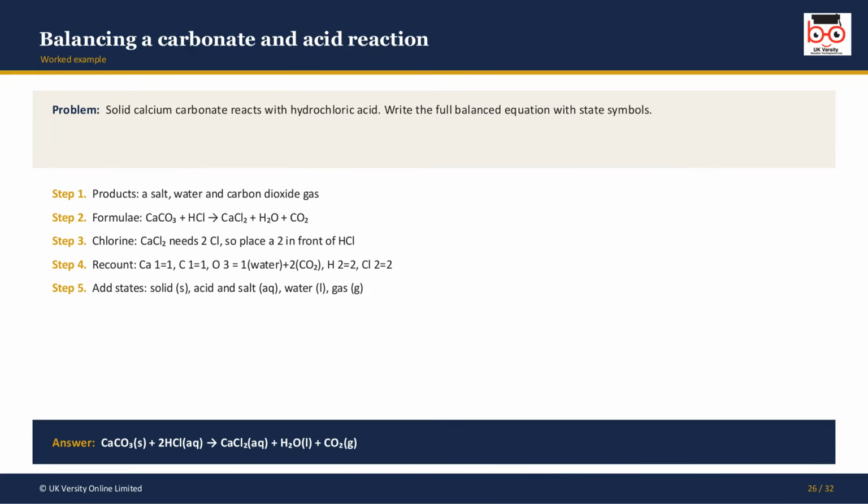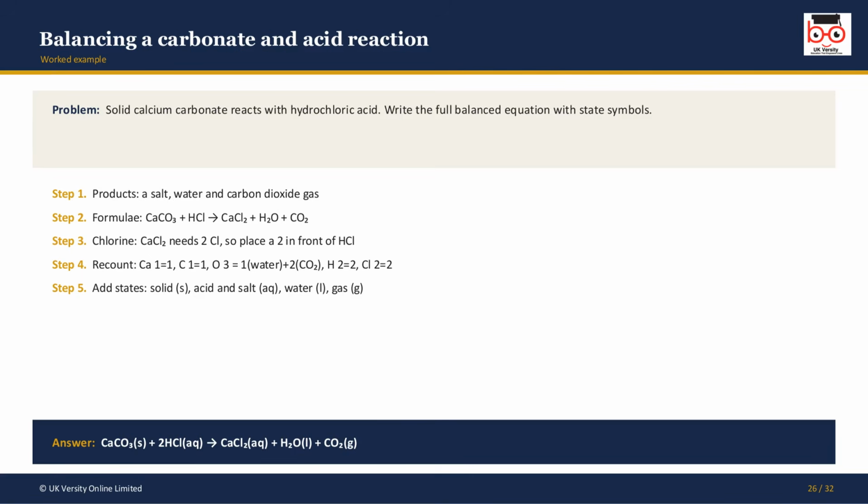Let's balance solid calcium carbonate reacting with hydrochloric acid. The products are a salt, water, and carbon dioxide gas, so CaCO3 + HCl goes to CaCl2 + H2O + CO2. Calcium chloride needs 2 chlorines, so put a 2 in front of the HCl.